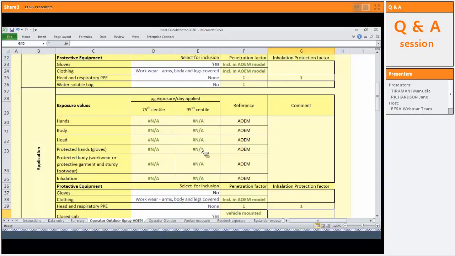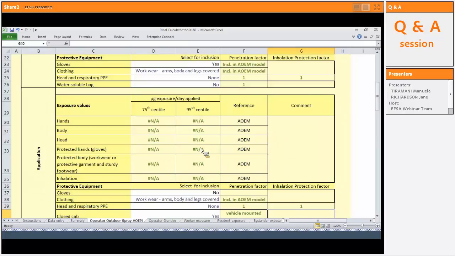And someone is asking whether we are planning to issue a guidance document on dislodgeable foliar residues. Well, I wouldn't say so. You might be aware that recently a call for procurement was closed, including the collection of many data, including some DFR data. For the guidance, I'm not aware that there will be a guidance on DFR.